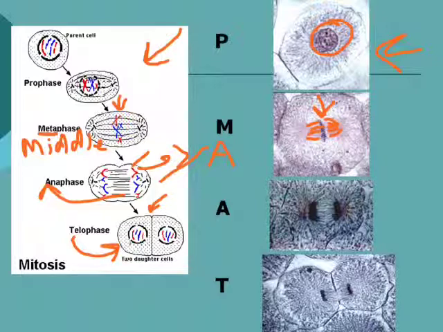Anaphase, they are being pulled, and they look like two blobs being pulled to each side of the cell. And then finally, telophase, the way that you can tell that these are not two individual cells yet is that they do not have that nice nucleus surrounding the chromosomes. Okay, so those are not there, but you do have the cell membrane that is starting to form back.